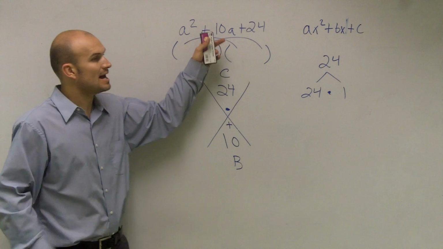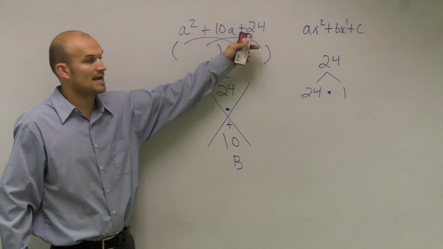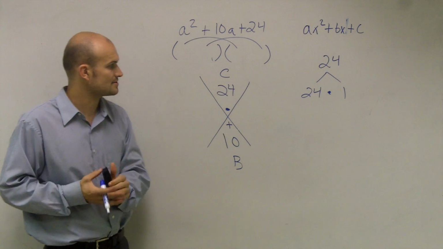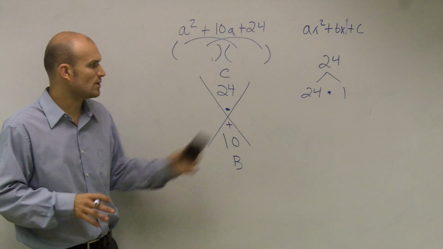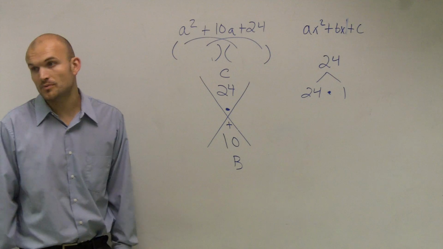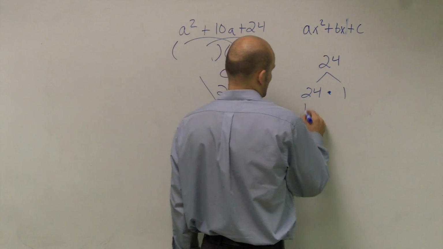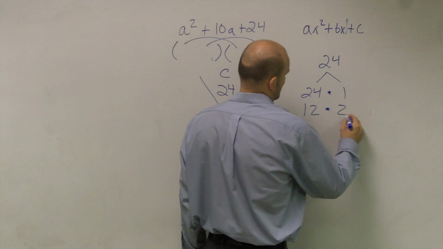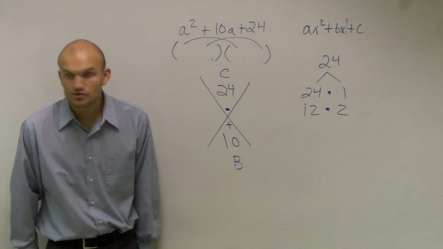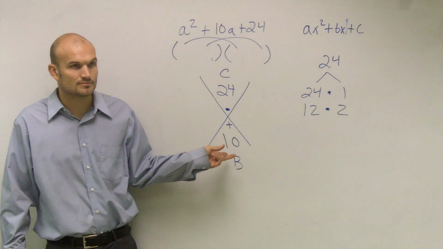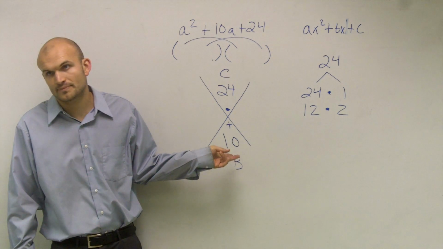So we're not going to be worried about negative factors. Since my middle and my last term are both positive, I'm only going to worry about the positive factors. So I have 24 and 1. 24 plus 1 does not give me 10. Now I work on the next one. 12 times 2 gives me 24. Does that add up to give me 10? No, it gives me 14.